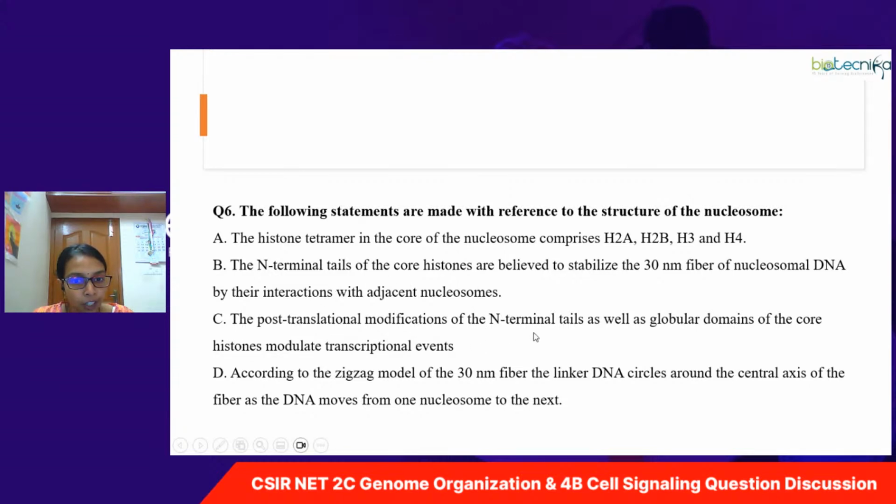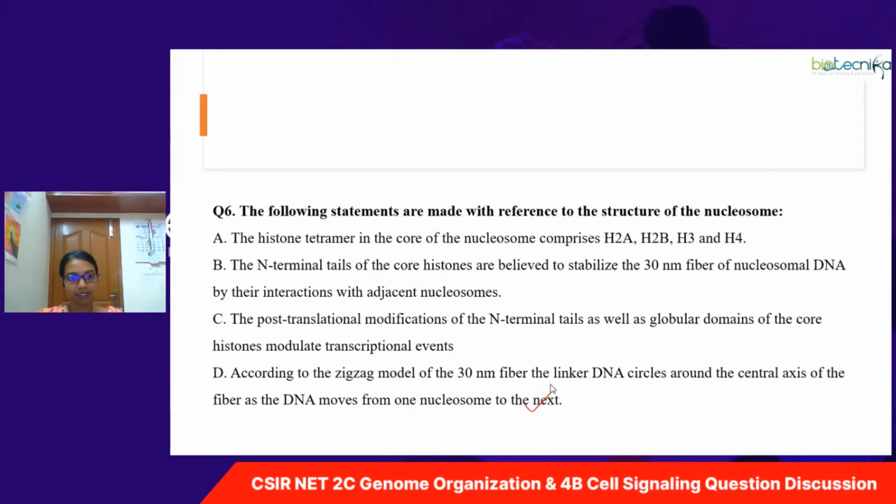Post-translational modification of N-terminal tails as well as globular domains of the histones modulate transcriptional events. In the zigzag model of the 30 nanometer fiber, the linker DNA circles around the central axis of the fiber as the DNA moves from one nucleosome to the next. So what should be the correct combination of statements over here?